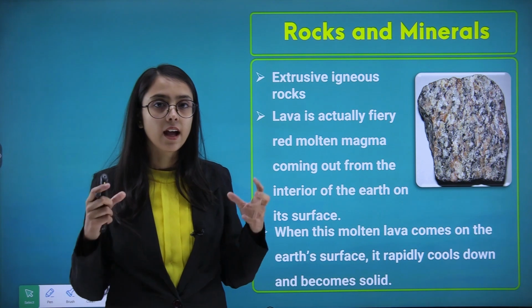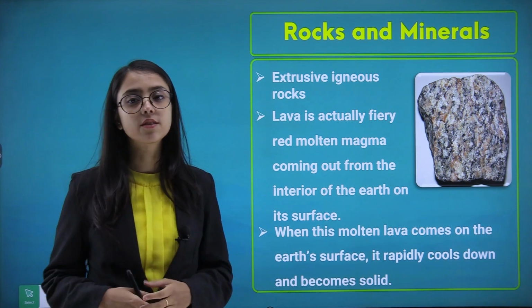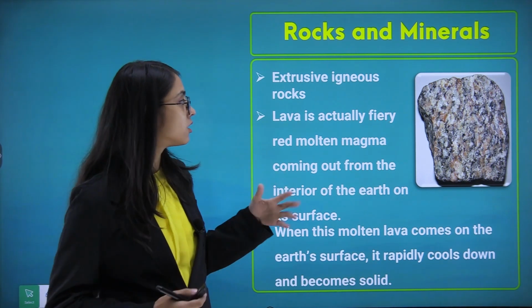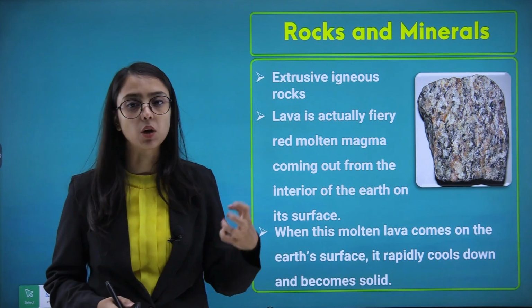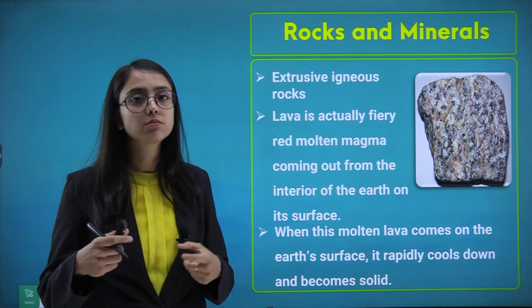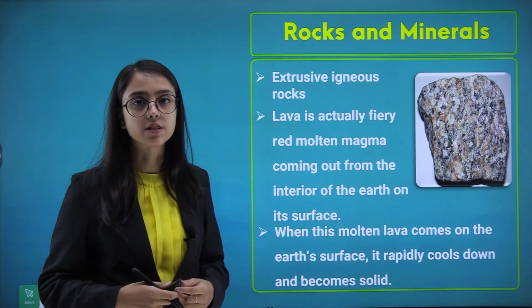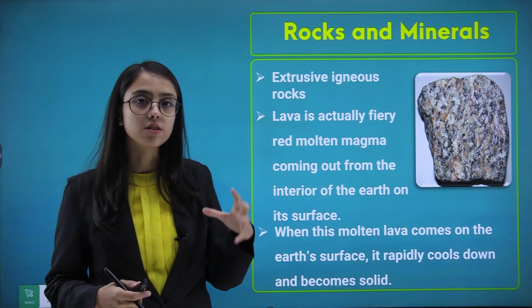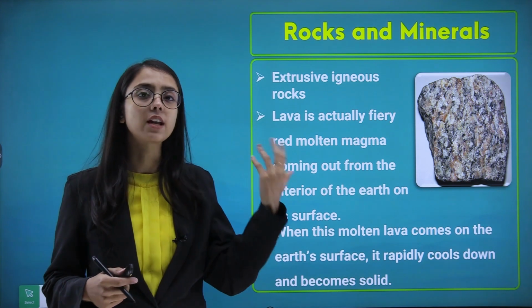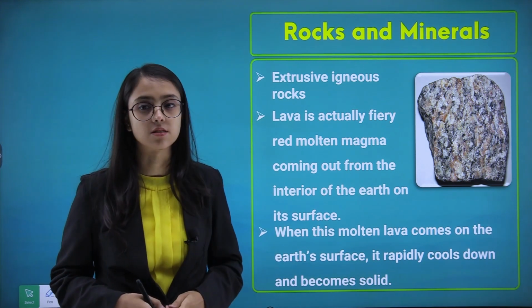Now, as we were talking about extrusive igneous rocks, the lava, which is actually fiery, red molten magma, comes out from the interior of the earth on the surface. Once it arrives on the surface, it starts to cool down because of climatic conditions or natural factors.